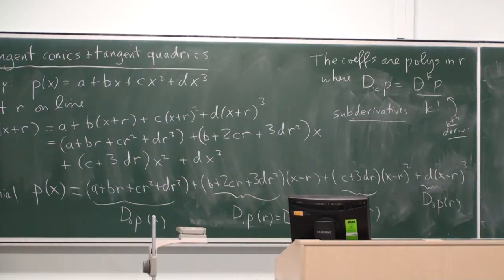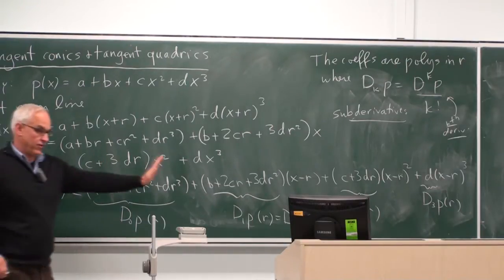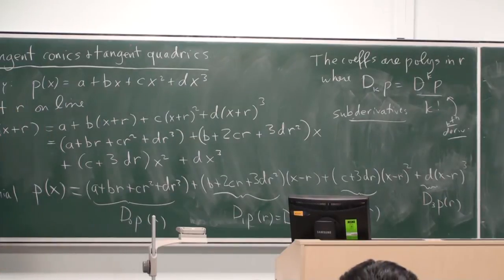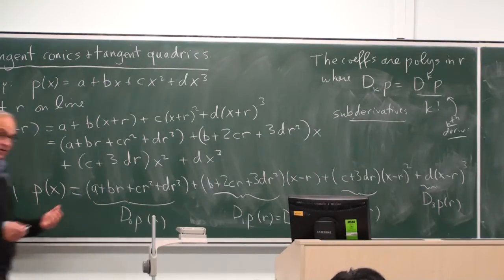Okay, so we have the various subderivatives, and then what we're particularly interested in is truncating this expression to various degrees. When we do that, we get various approximations to the polynomial that are valid near the point R and have geometrical significance for us.